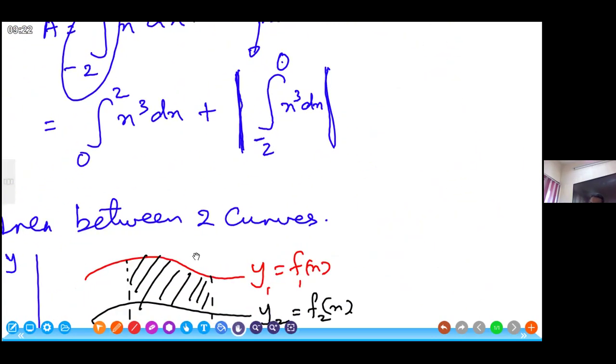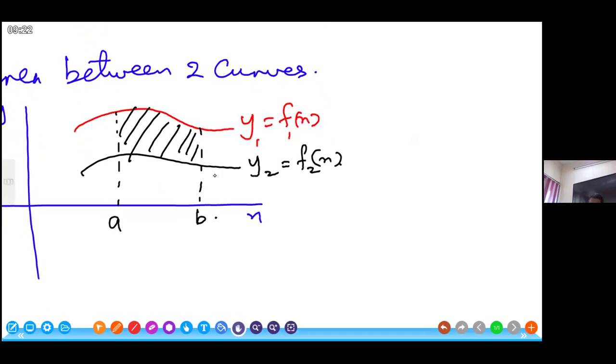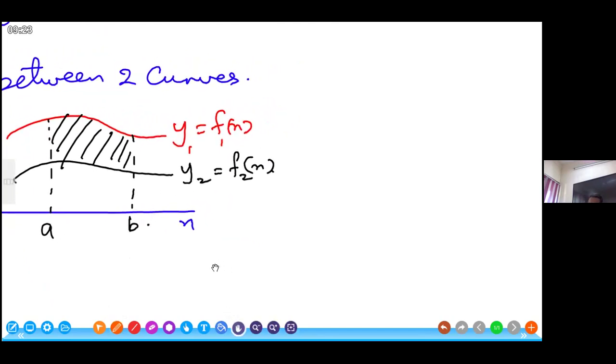Similarly, the second way, what is the application of getting the area in between two curves, two functions? Can somebody think in the same line as I spoke about? One example is nowadays prices.